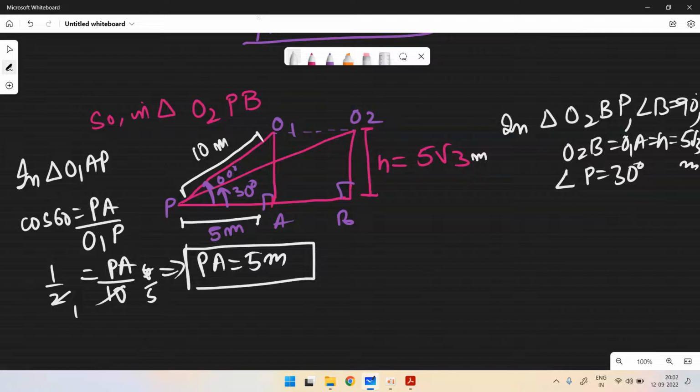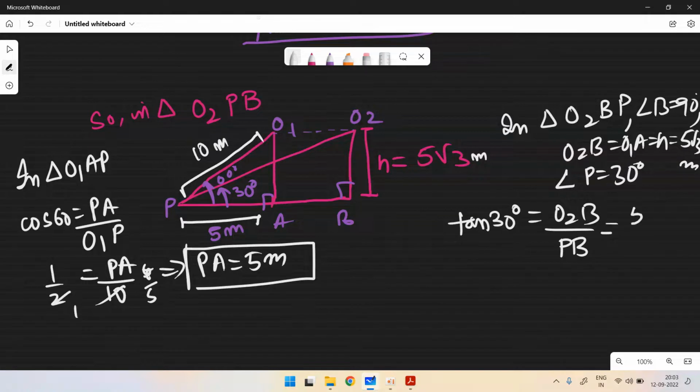First I will calculate the value of PB. With respect to angle 30 degrees, the height is given, and this is perpendicular by base, so it is tan. So tan 30 equals O2B by PB.